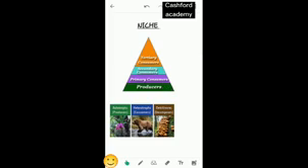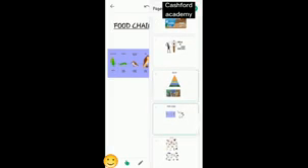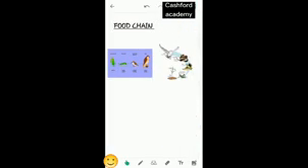Now, having said that, we also need to talk about a food chain in an ecosystem. Before we talk about a food chain or a food web, we should know that an ecosystem is made up of different communities of living things that interact with each other and the environment.